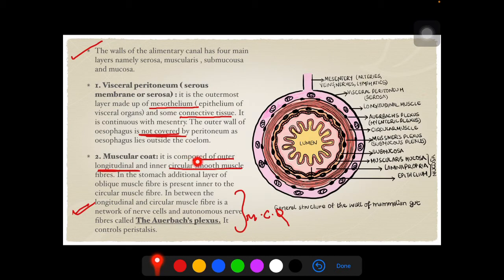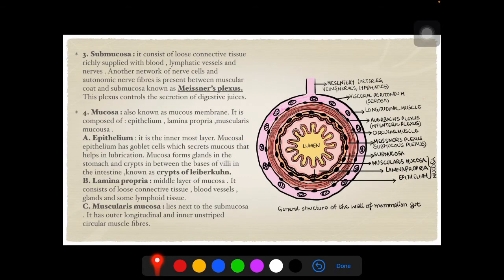This network of nerve cells is referred to as Auerbach's plexus, which is also known as the myenteric plexus.